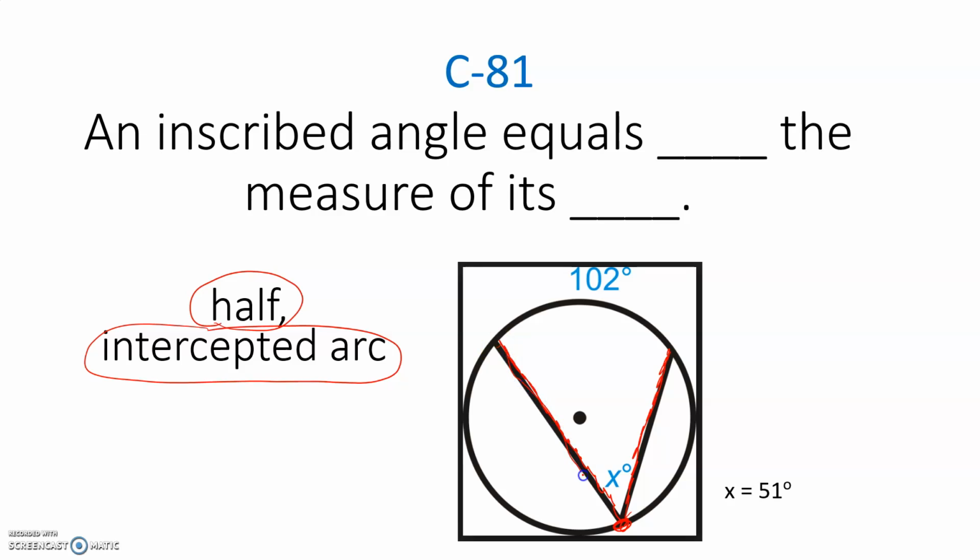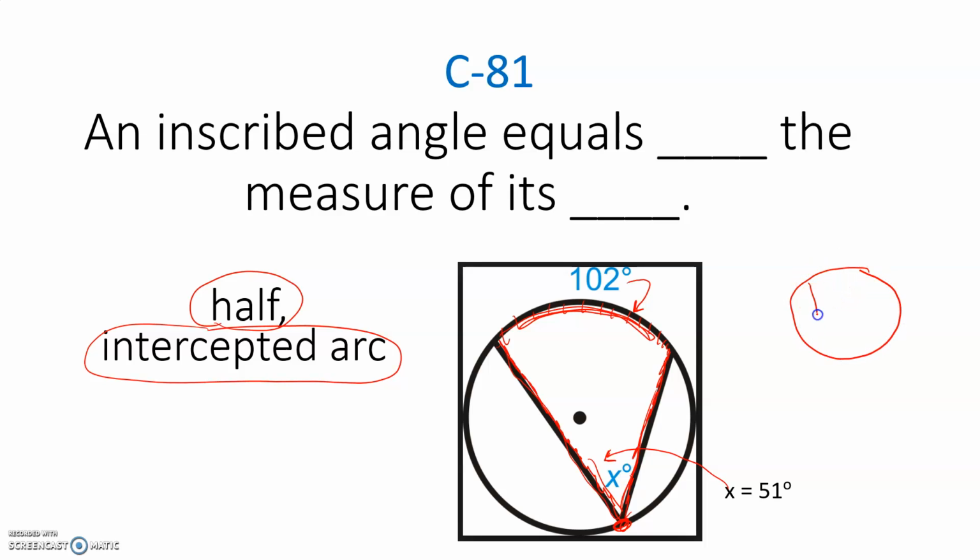So this inscribed angle cuts off this arc right here. That arc is 102 degrees. And this angle is 51 degrees. So an inscribed angle is half of its intercepted arc. So if this is 102, this angle would be 51.